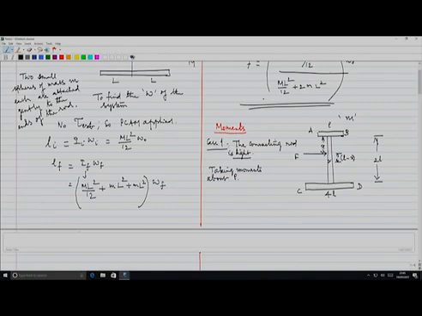This is the point P. So I will have this mass of AB, m into L, that into x.